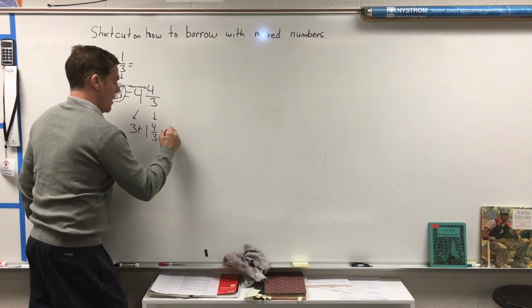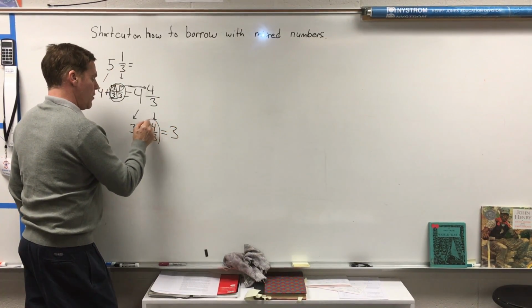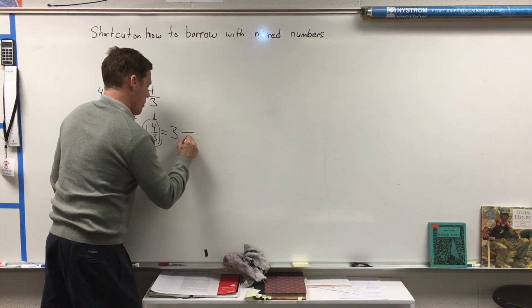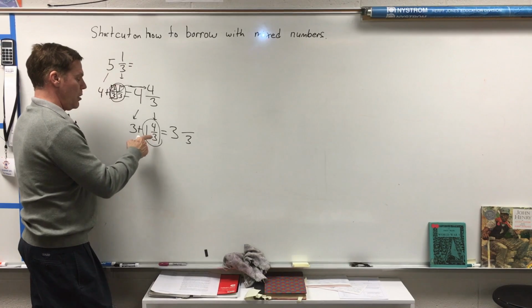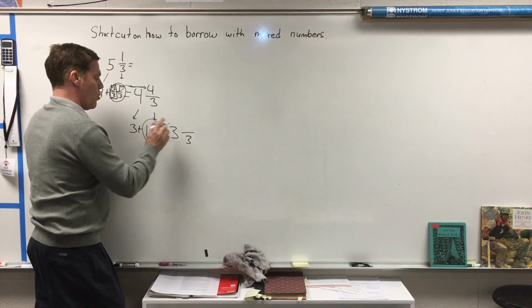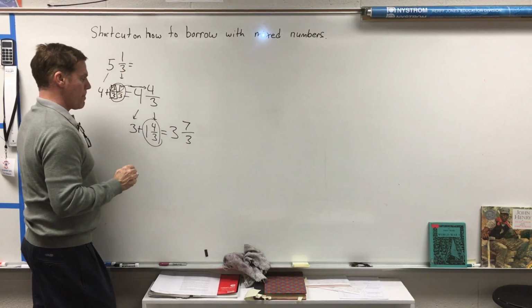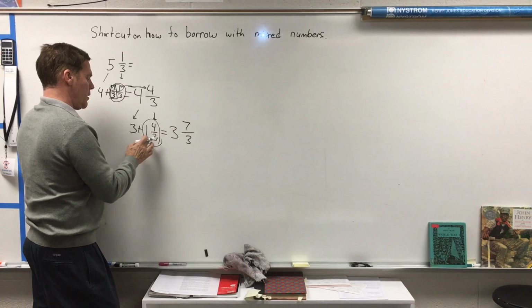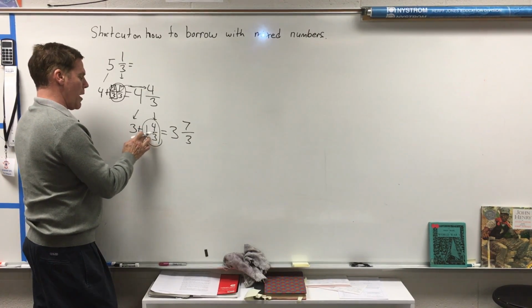So what does that equal? Well, I got my 3, and I'm going to change this into an improper fraction. So my denominator will not change. I'm going to think, well, 3 times 1 is 3, plus 4 is 7. And why is that a 7? Why do I go 3 times 1?